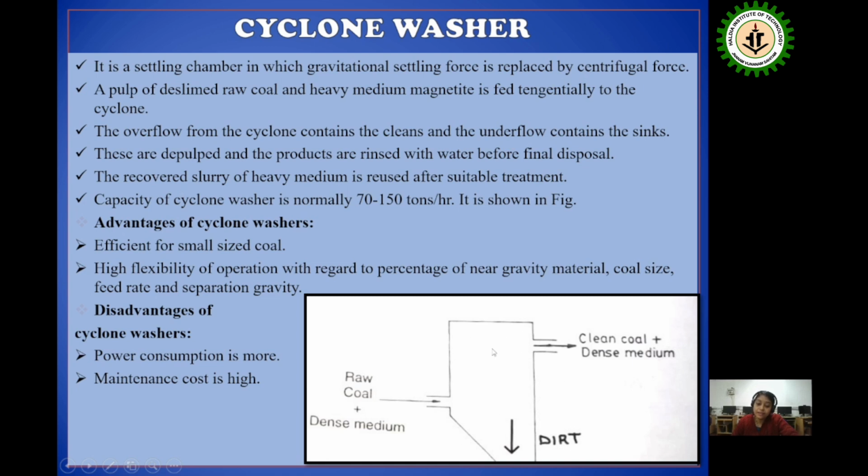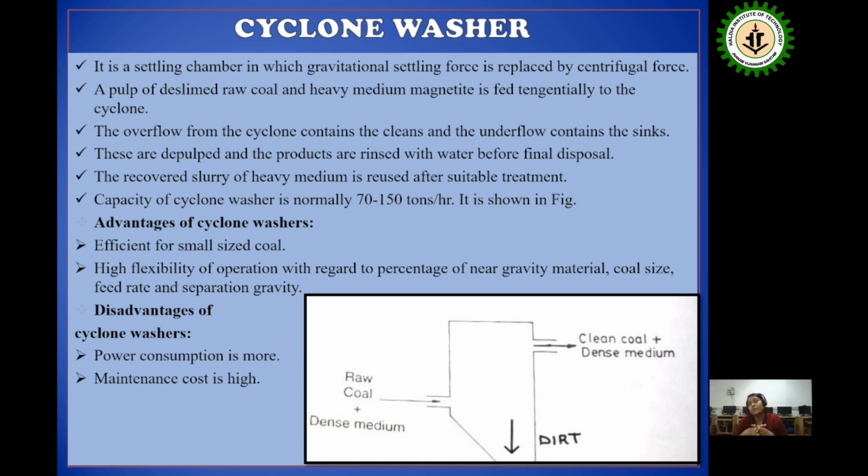Here see the raw coal and dense medium are given from the bottom of the tank, and the clean coal is taken out from the top of the tank, and dirt is also taken from the bottom of the tank. It is a settling chamber, as I told you, and this cyclone washer utilizes the concept of gravitational settling. It utilizes the gravitational force and separates out the dirt from the clean coal.